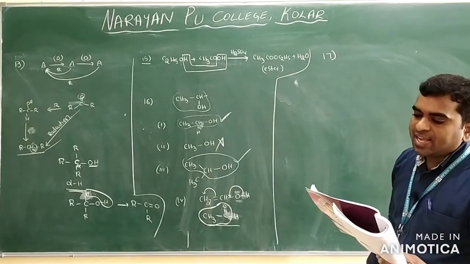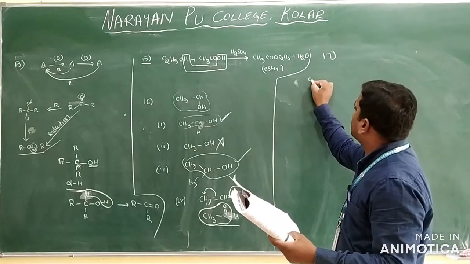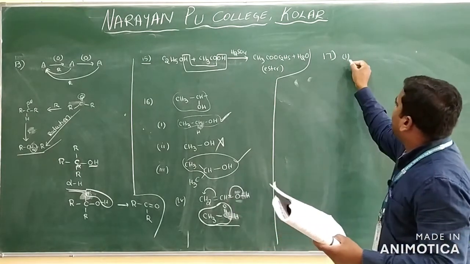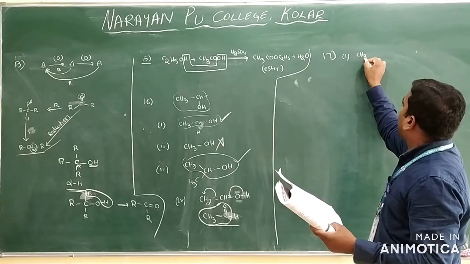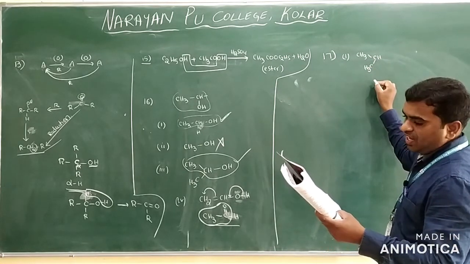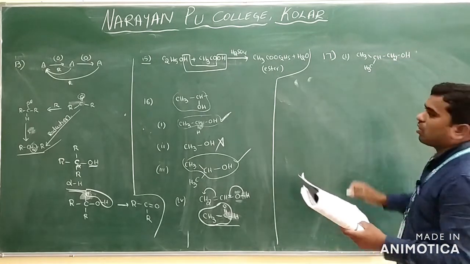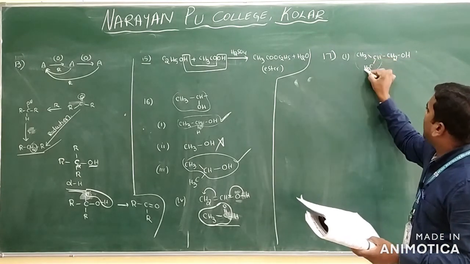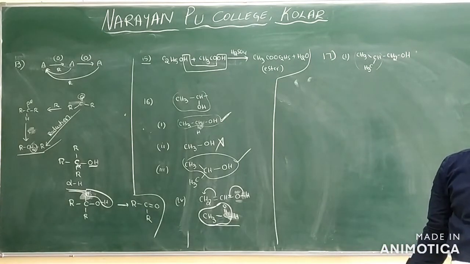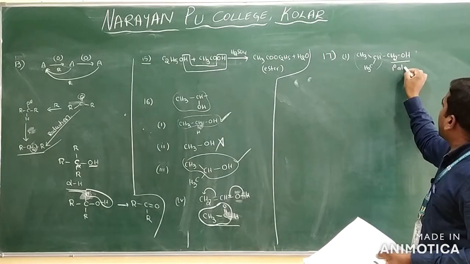First one, isobutyl alcohol. What is isobutyl alcohol? It is CH3, CH3 and CH2OH. This is isobutyl alcohol. This is the iso group and 4 carbons are there, butyl, isobutyl alcohol. Which alcohol is it? Primary alcohol.